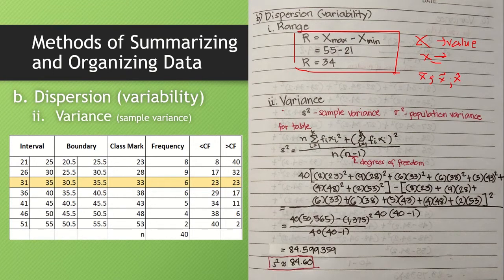Then next we will calculate for the variance. If we will be using the grouped data or the tabular form, then we will have to sum up all of the products of the frequency of each class interval with the square of the class mark.